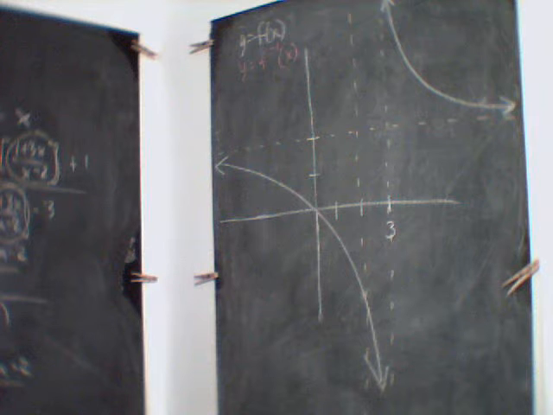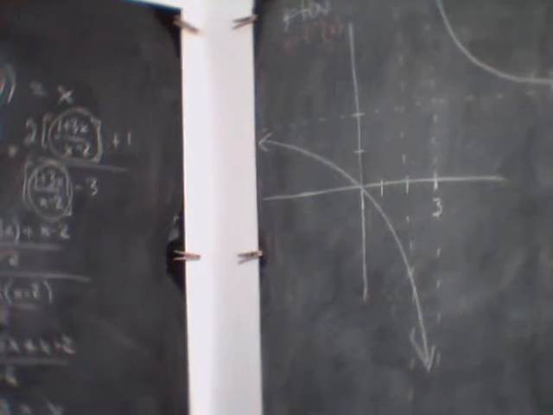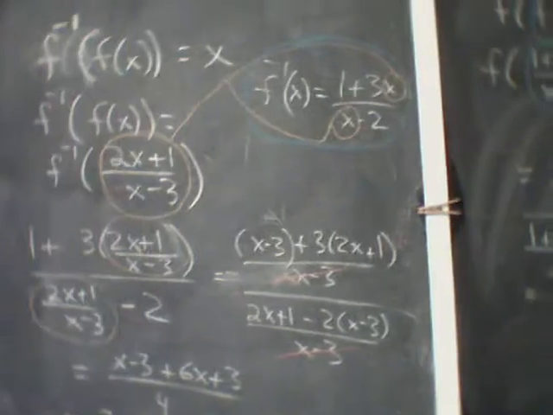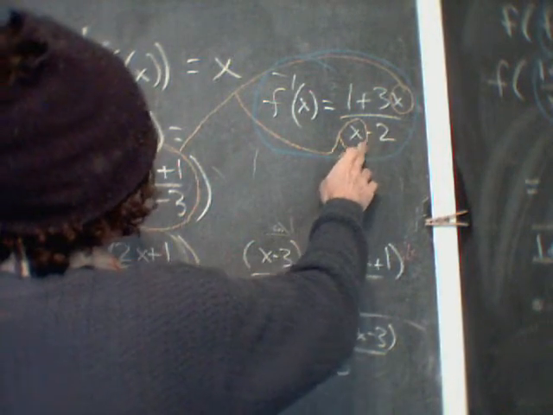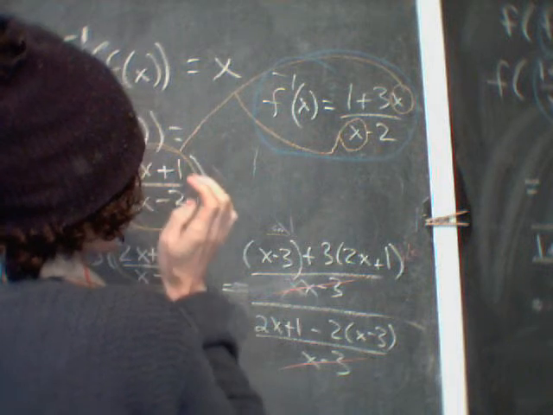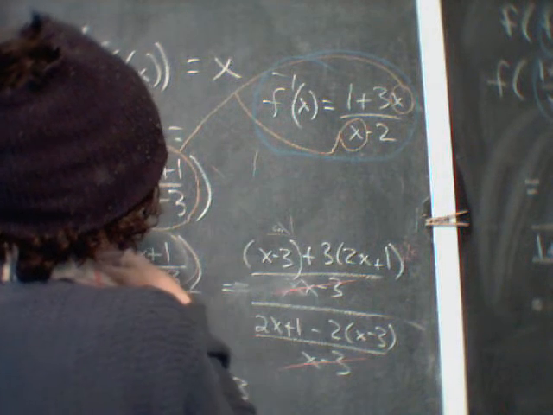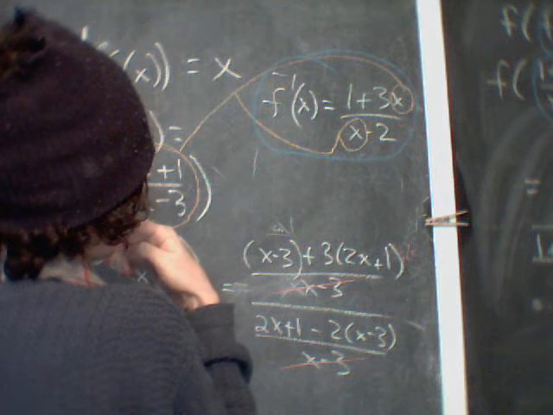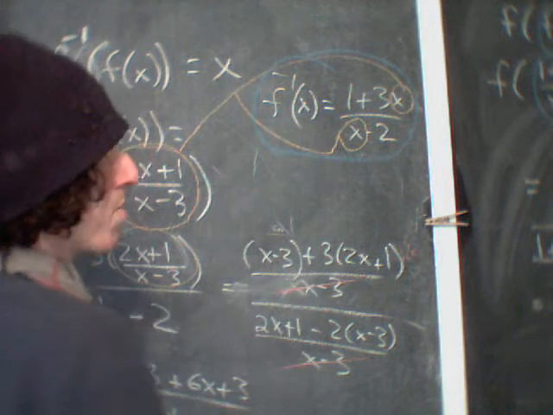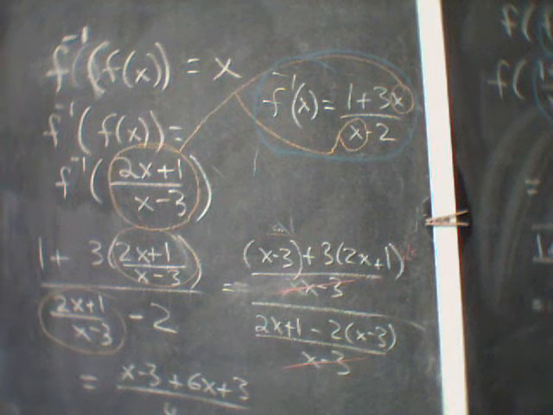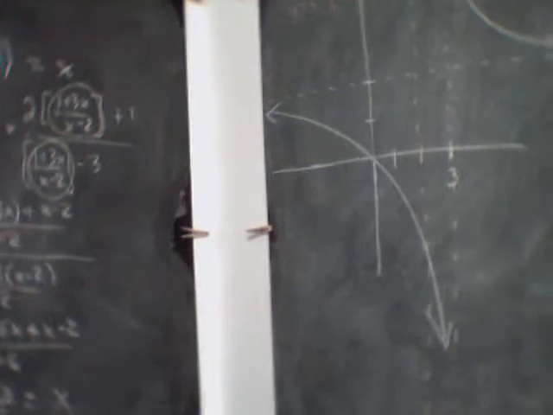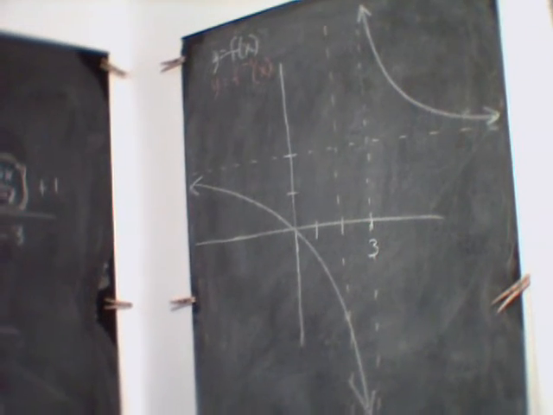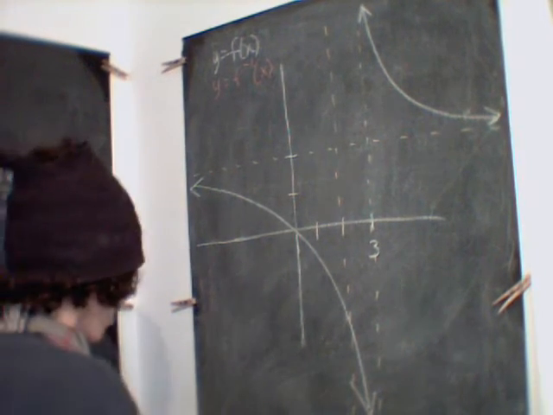And looking at it, this y equals (1 plus 3x) over (x minus 2), that's the f inverse. So it's got a vertical asymptote at 2, and as x goes to infinity it looks like it has a horizontal asymptote at y equals 3, which of course is true, because anywhere the original function has a vertical asymptote, the inverse has a horizontal asymptote.